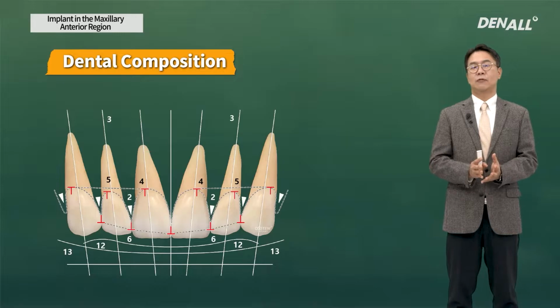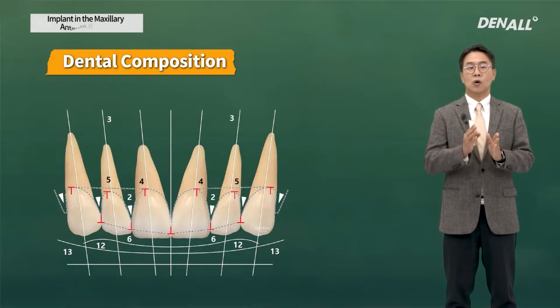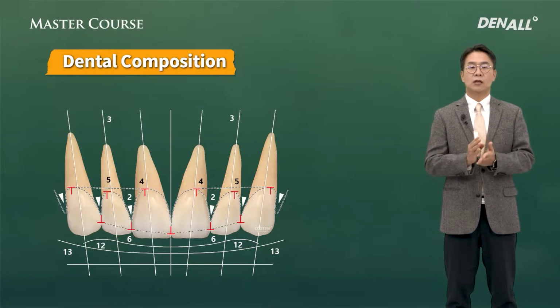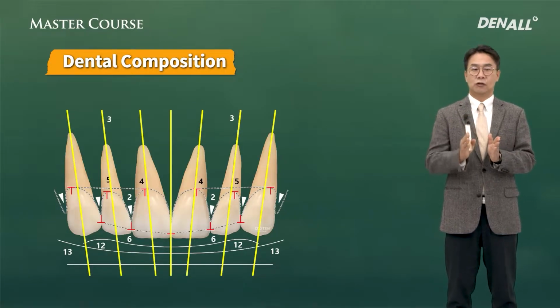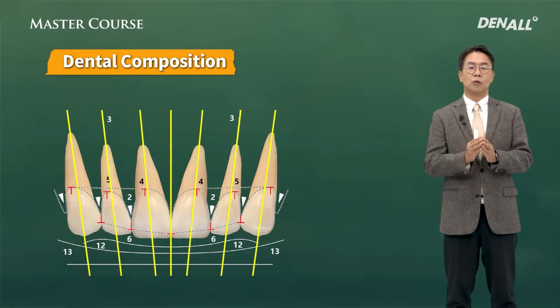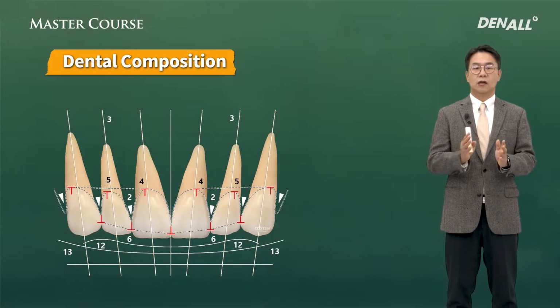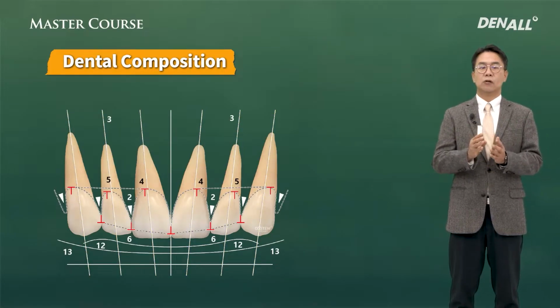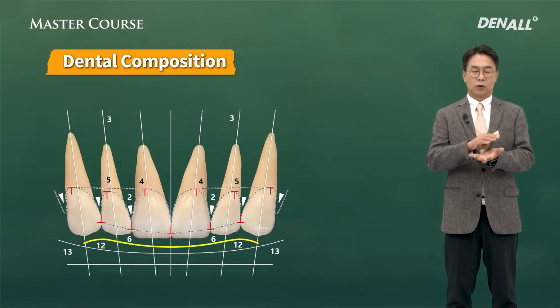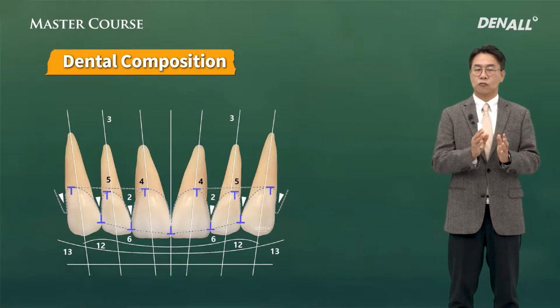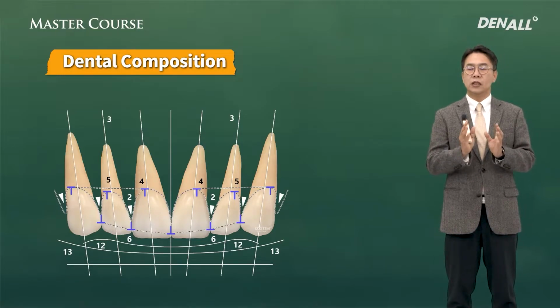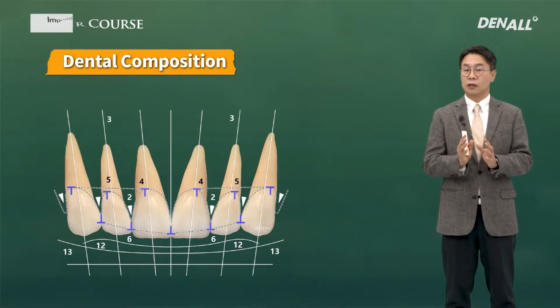Let's look at the dental composition in more detail. Do not be concerned about the numbers. Look at the angles. Number 3, the long axis is maintained, and look at the forms of the teeth. Also, the embrasure between the teeth at number 6, it is on the gingiva as well as the incisor.